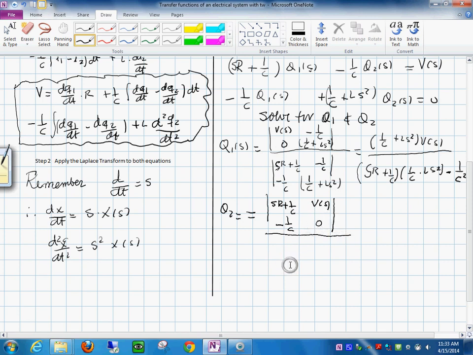And then the same denominator, R plus 1 over C, 1 over C, and then LS squared.